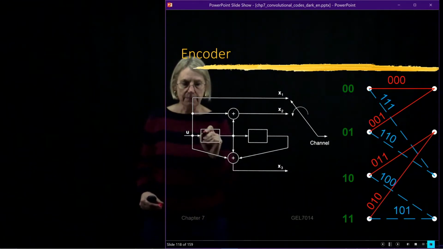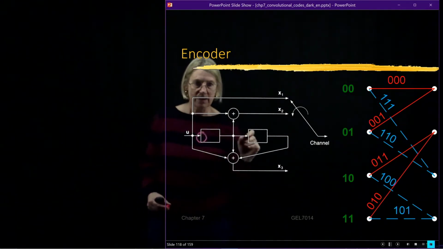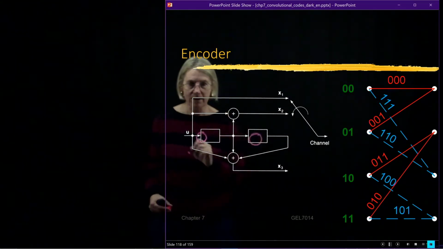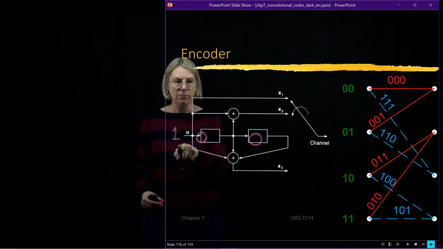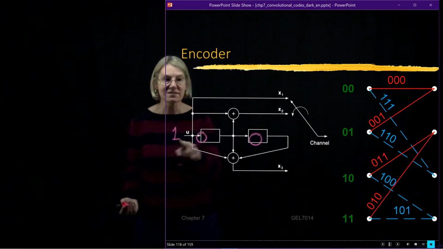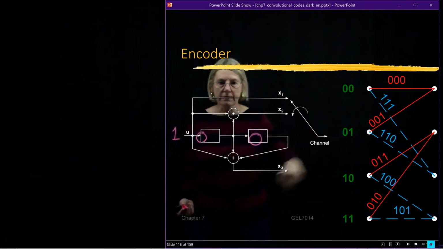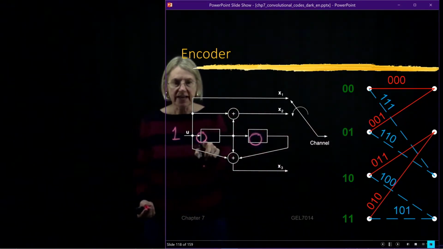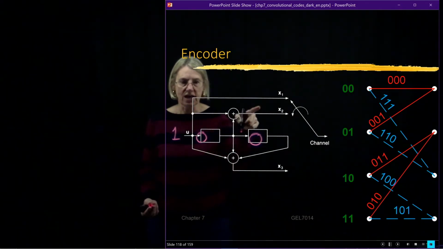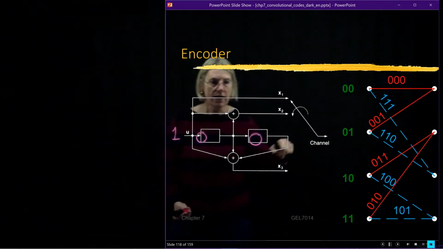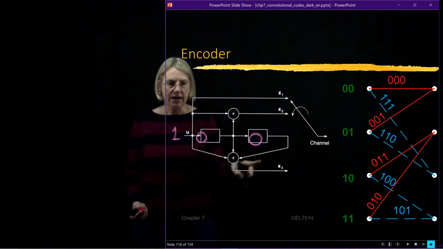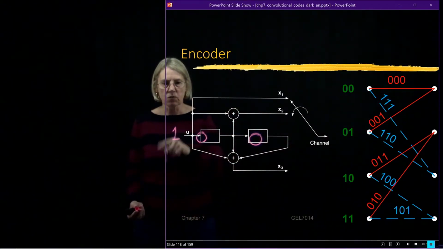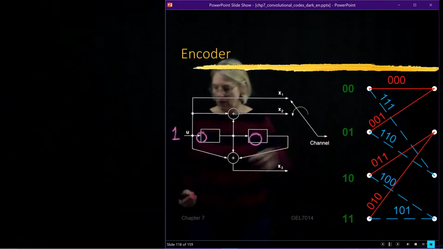So I'm saying I'm at state 0, so I have a 0 here and a 0 here, and then I input a 1. And so the first output, of course, is going to be the 1 because it's a systematic code, so the first one is 1. And if we look at the next one, it's a combination of 1 and 0, and that gives me a 1. And then the last one is, of course, a combination of all 3, 0, 0, 1, gives me another 1, and I get the 1, 1, 1.